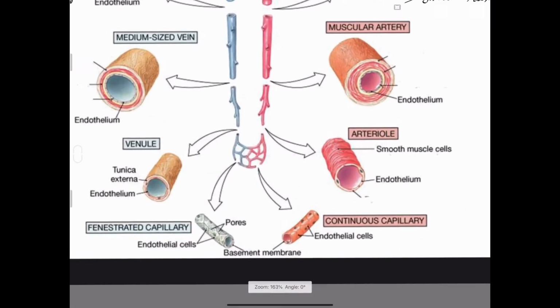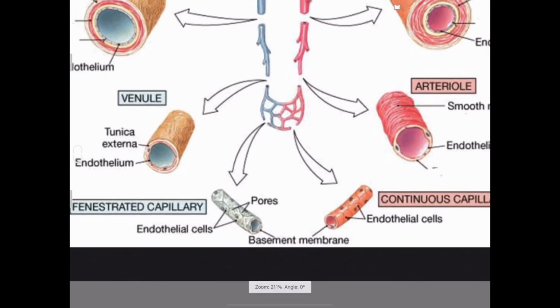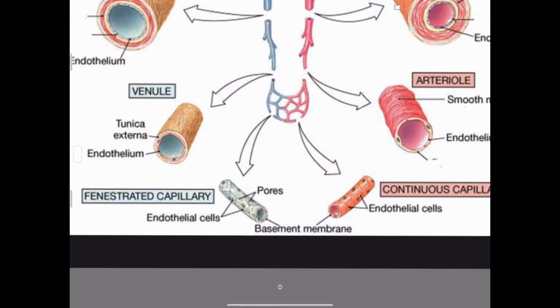And if we move further down, we see the capillary network. What we say about capillaries is that they have a narrow lumen. They have a much smaller lumen than arteries. So we say narrow lumen.